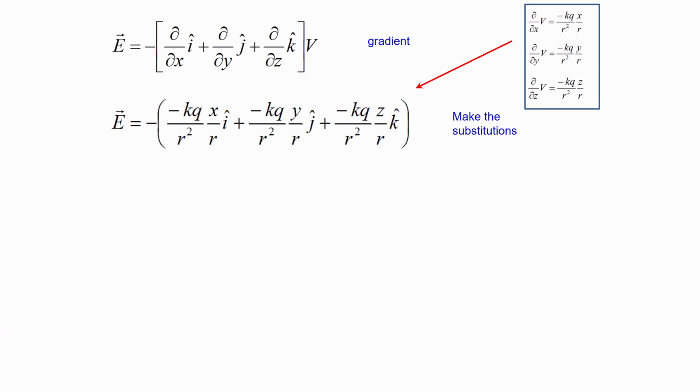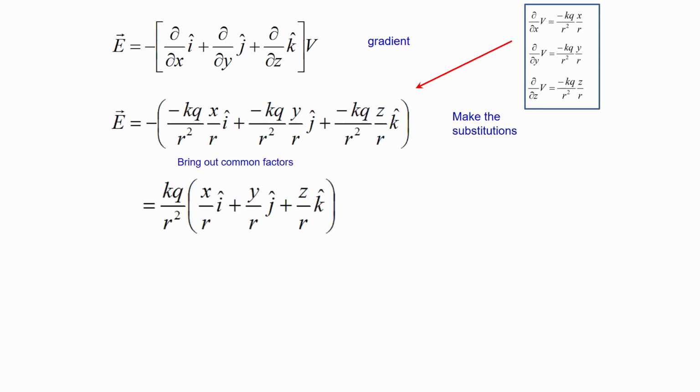Now what I want to do is factor out KQ over R squared. You can see it's common in every term here. But I'm going to leave the 1 over R's there. You'll see why in a moment.